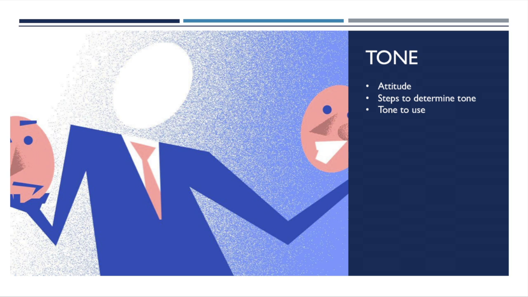Moving on to tone. Tone is also a very big, major topic that was covered in our class, and really is one of the main things that will determine and potentially eliminate miscommunication in writing. Tone in writing refers to the writer's attitude toward the reader and the subject.